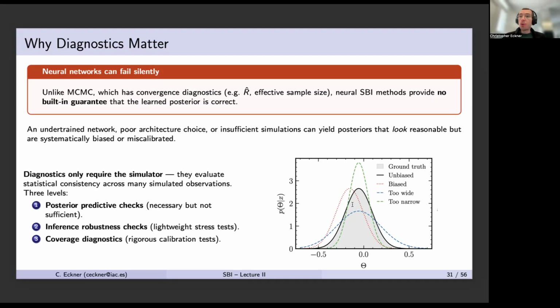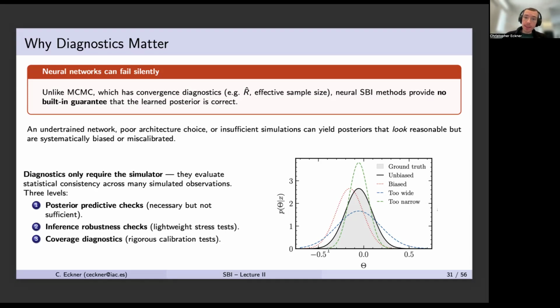Now, what you could produce is something like the blue curve that is too wide. In a sense, that's not a problem. It just means that the posterior you got from your algorithm is overly conservative. You could do much better, and you just didn't solve your problem optimally.